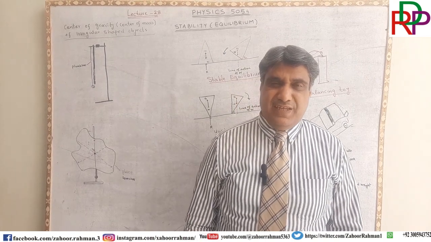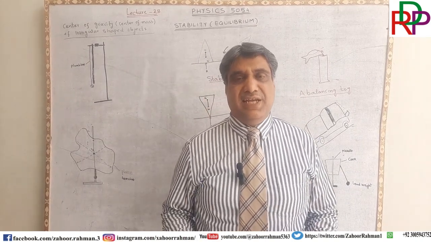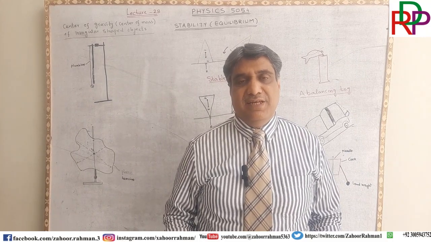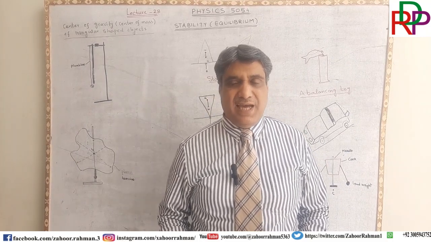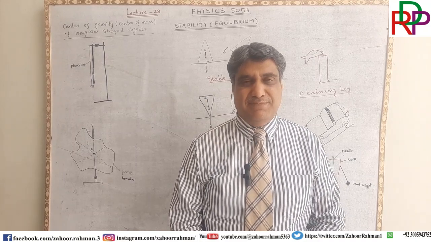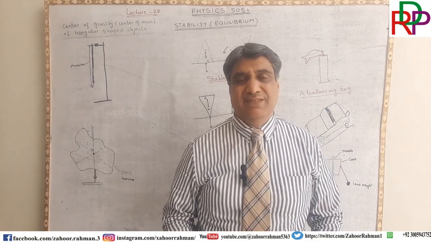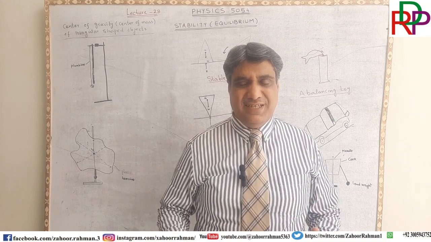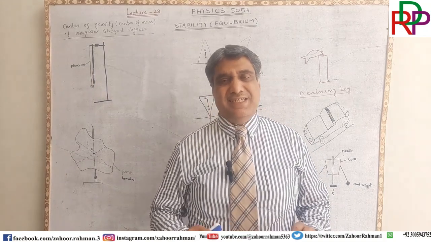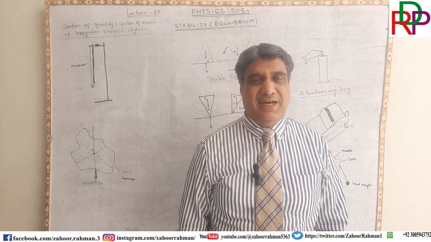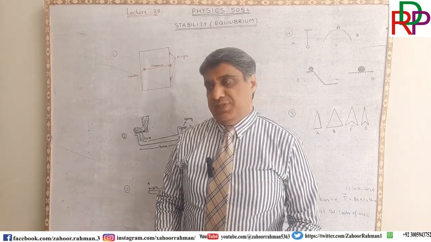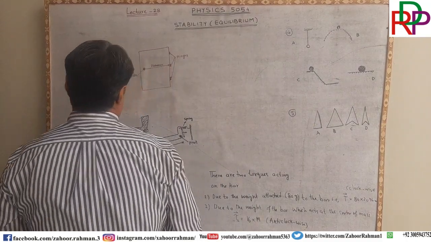We learn, and this is the nutshell of this chapter, that the stability of an object can be increased by lowering the center of gravity and increasing the base area of the object. Okay, this is the end of the theoretical portion.